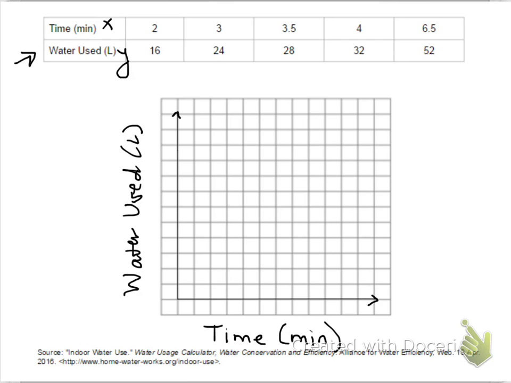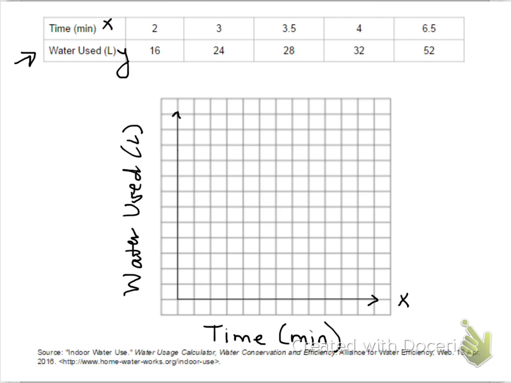Now that I have my axes set up, I need to figure out what my scale is going to be. What am I going to increase by along each axis? Okay, time is along my x-axis, and in my graph, my minimum time is 2, and my maximum time is 6 5/10. So I'm thinking we could probably go by 1.